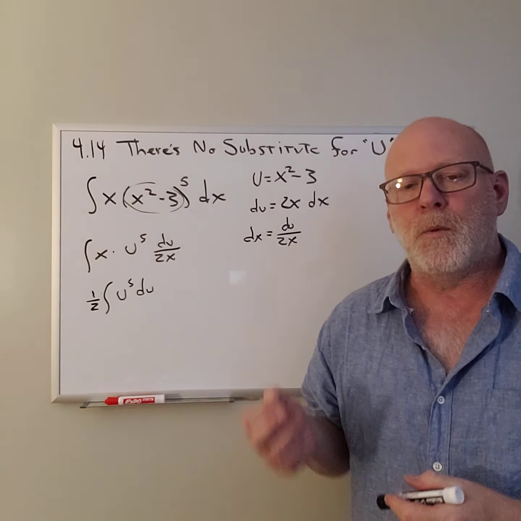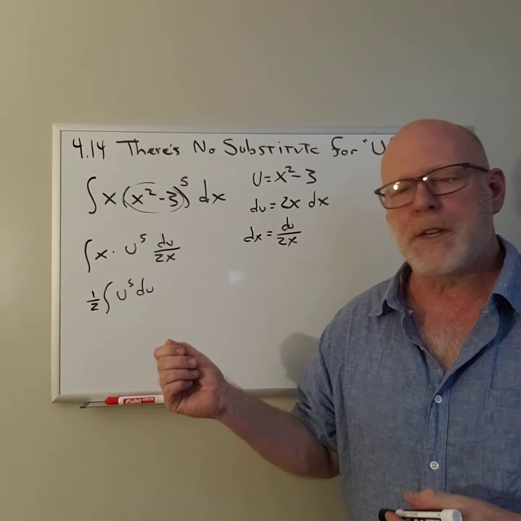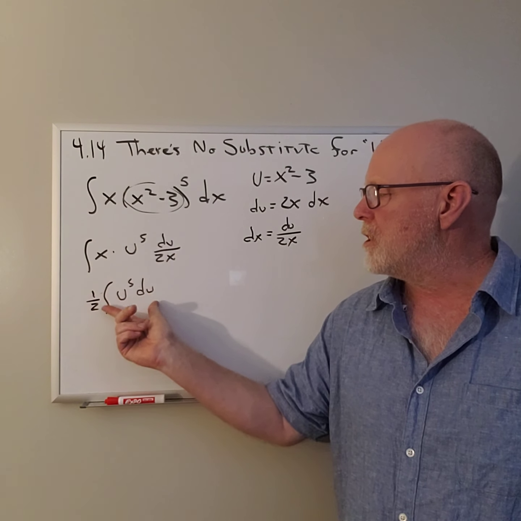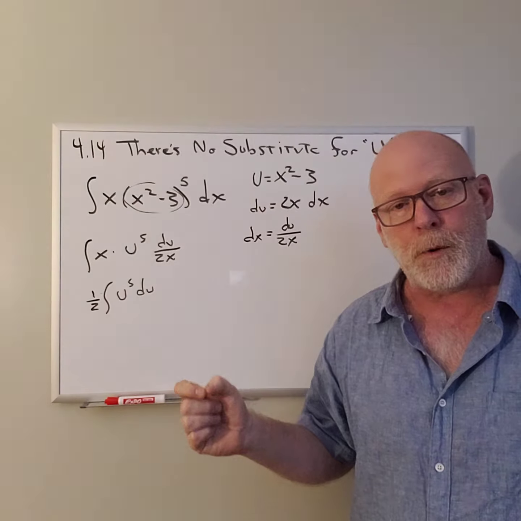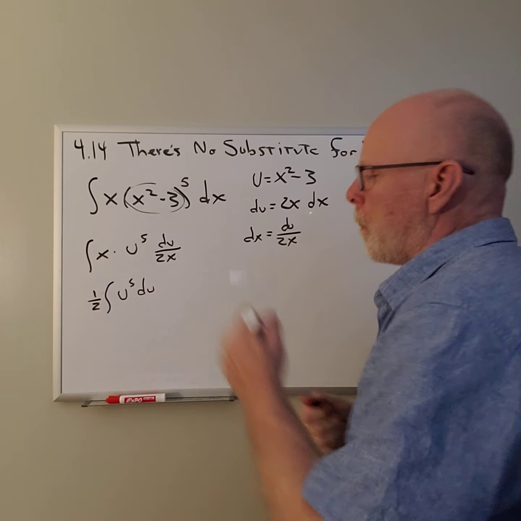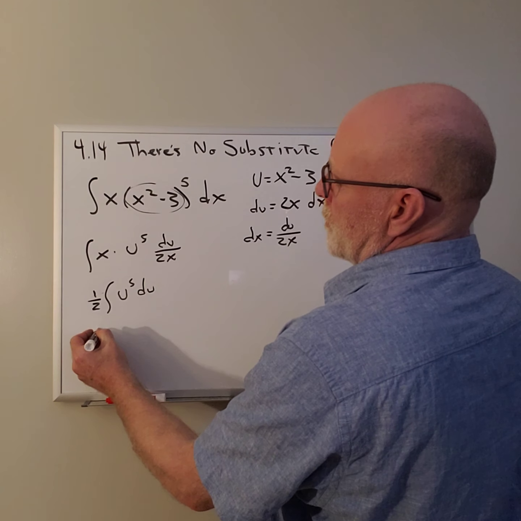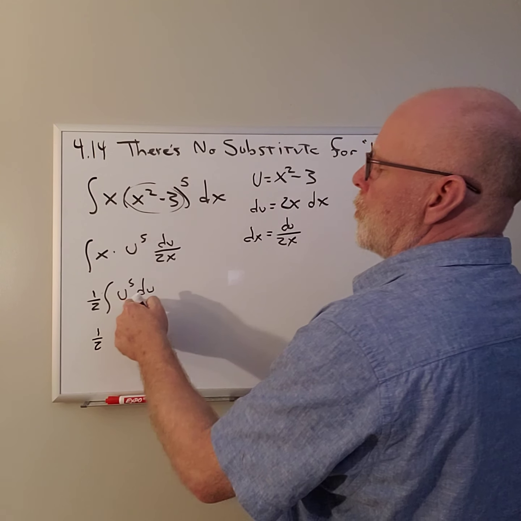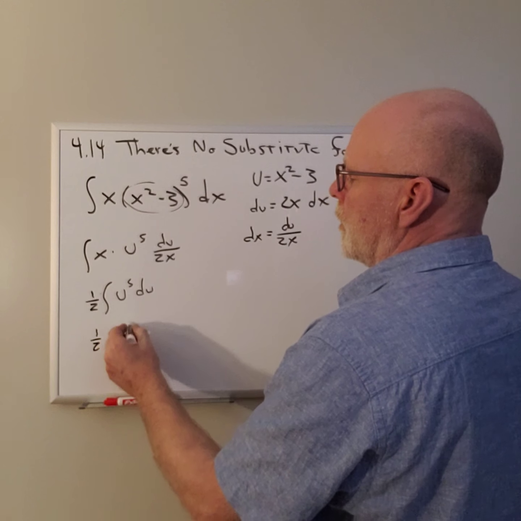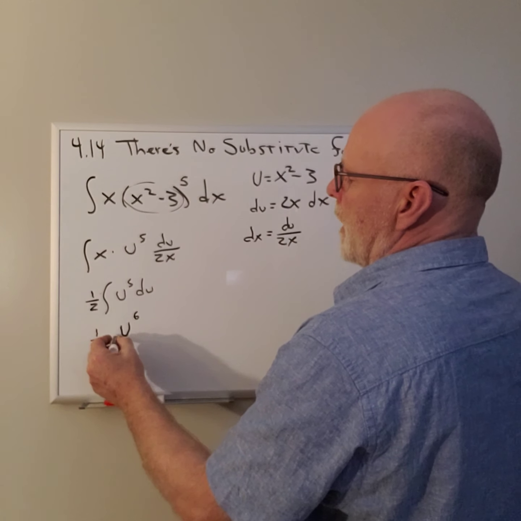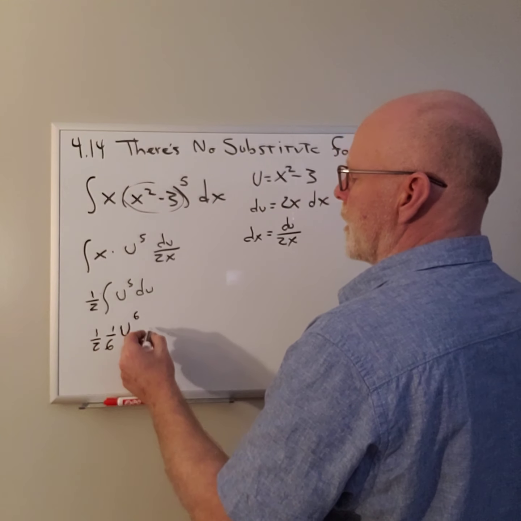When you're doing these, remember how nicely this works out. We do the substitution, we simplify, and we get something really easy to deal with. If you don't get something really easy to deal with, you're not doing it right. This one's easy to evaluate. u to the 5th, we increase the exponent by 1, get u to the 6th, and then divide by the new exponent, so 1 over 6.